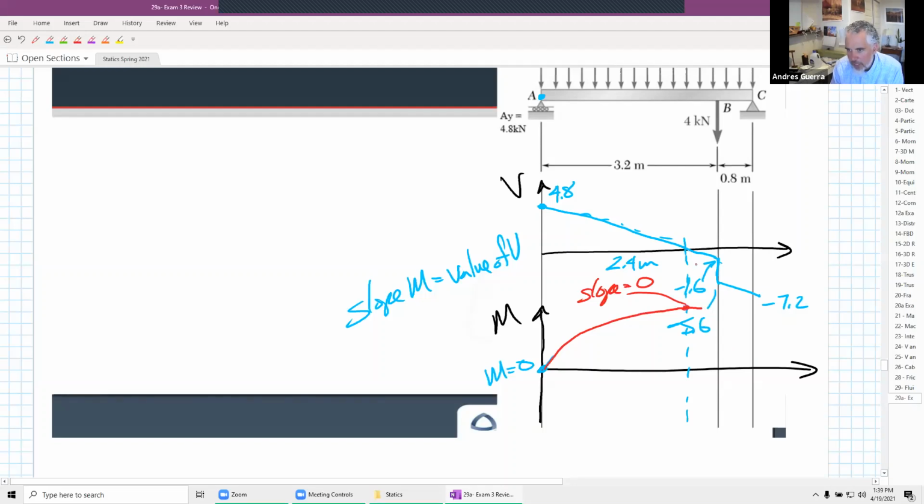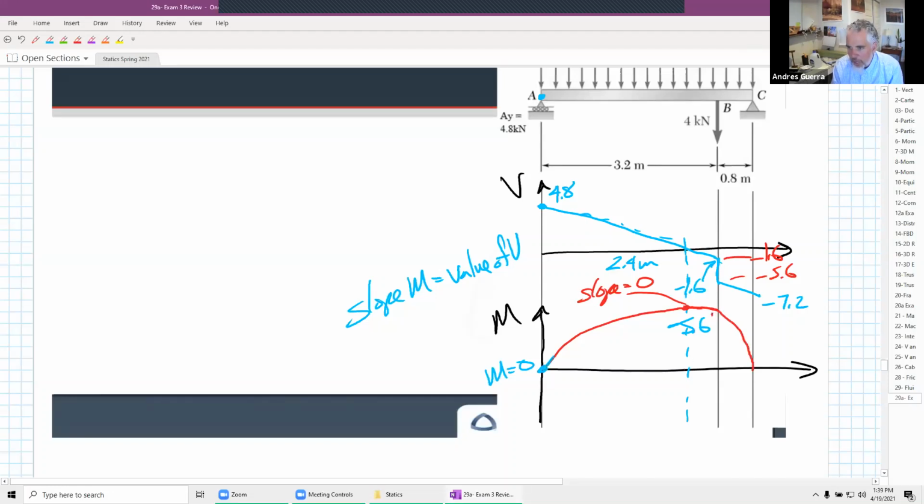And then what happens? Our slope starts to become negative right there. And then right here, where we go from on our shear from minus 1.6 to minus 5.6, that does not cause a jump in our moment diagram. What it does is it just causes a change in the slope.